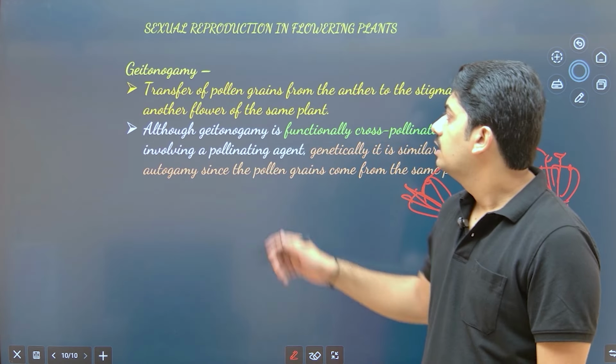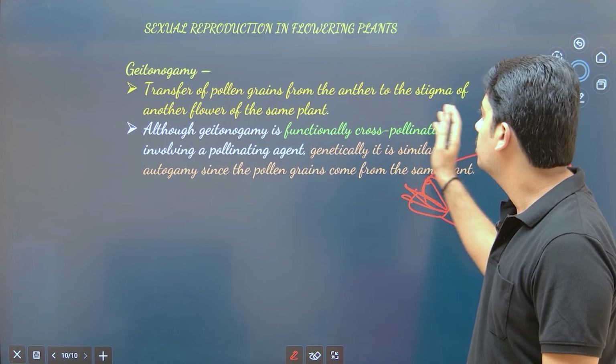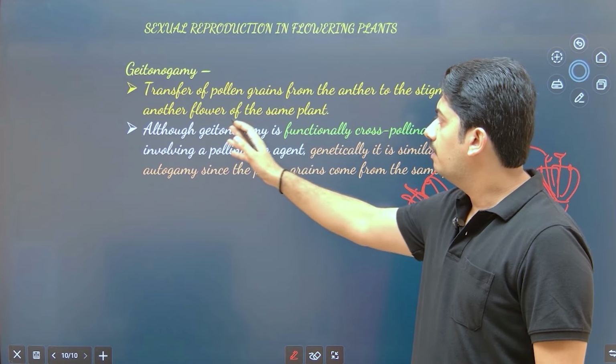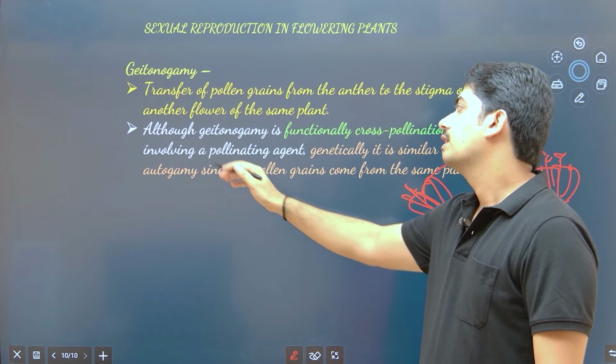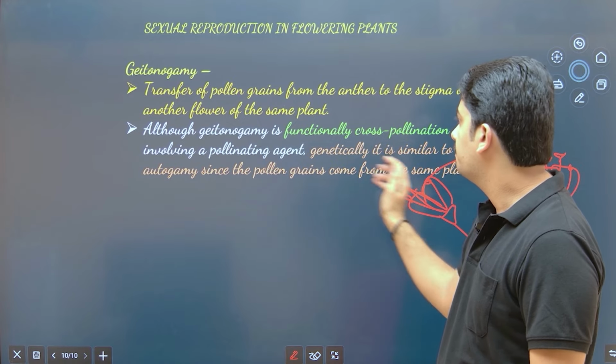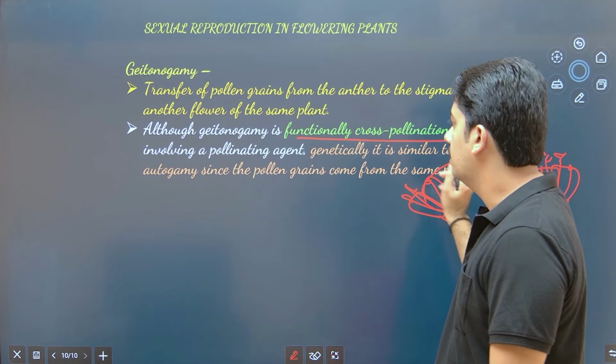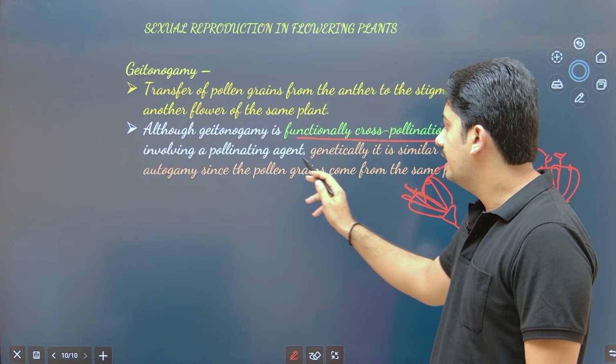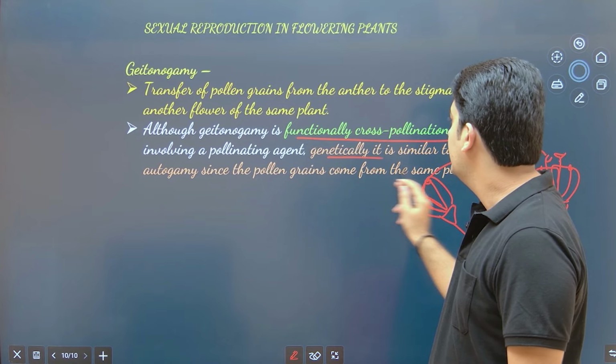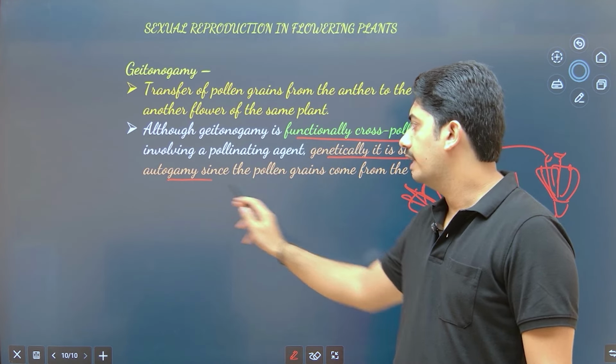So, transfer of pollen grains from anther to the stigma of another flower of the same plant. Although geitonogamy is functionally cross pollination involving pollinating agents, it is genetically similar to autogamy.